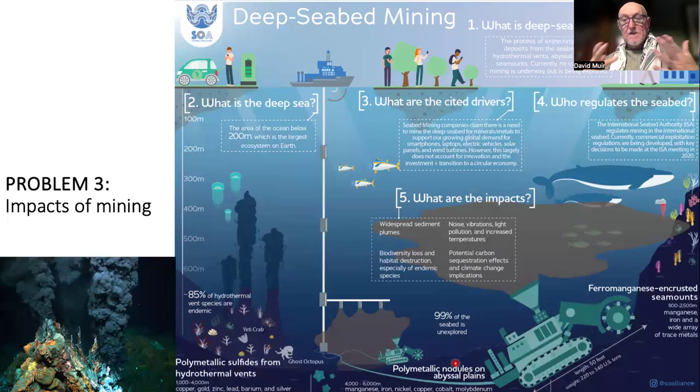For example, calcium carbonate, limestone, which is continuously made here in hydrothermal vents, on the ocean floor, in animals, in organisms. We don't know what impact this is going to have on them.